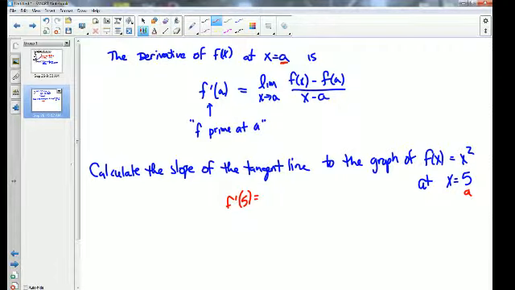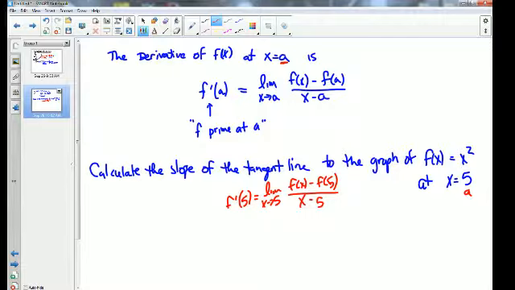F prime at 5. So what's f of x? It's the limit as x approaches 5 of f of x minus f of 5 over x minus 5. Now I've put the definition in my problem wording.